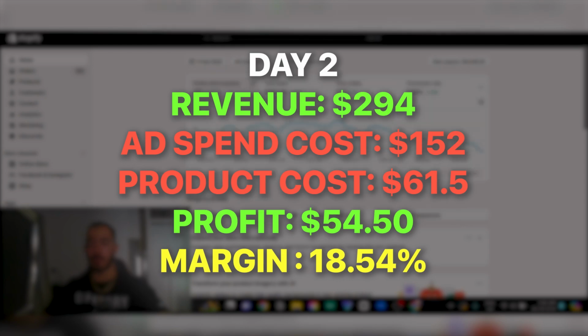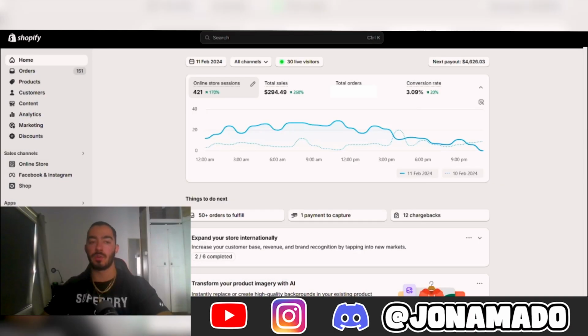So then next day, the 11th of February, did 294. So I believe what I did here was I did the scaling strategy, which is also in my Discord, Dropify.